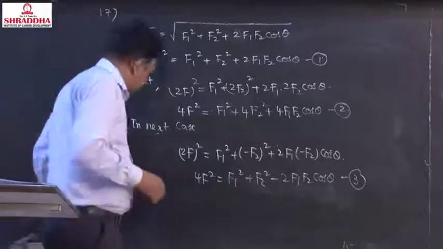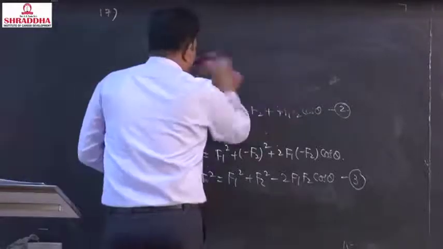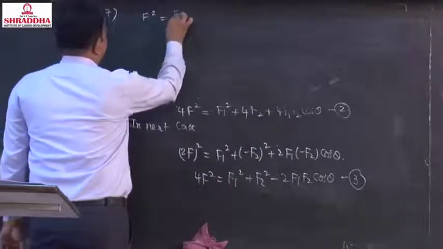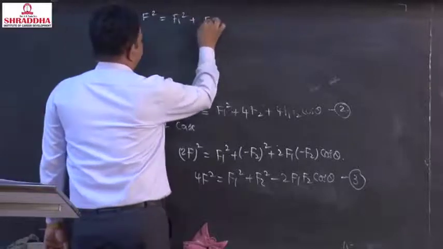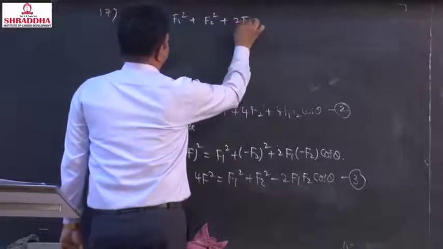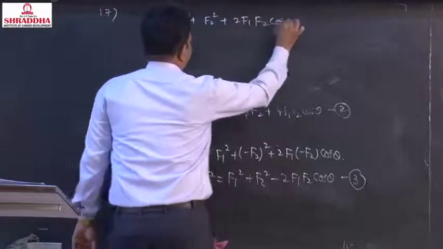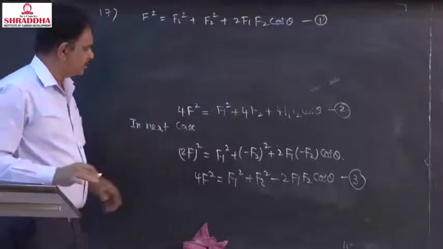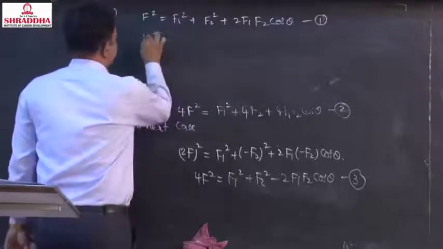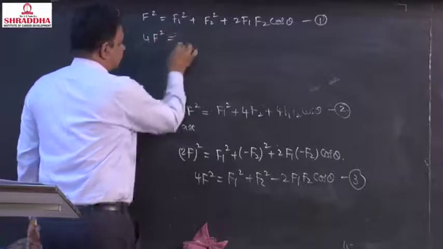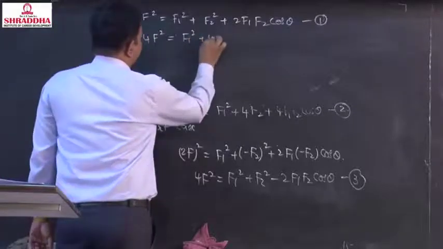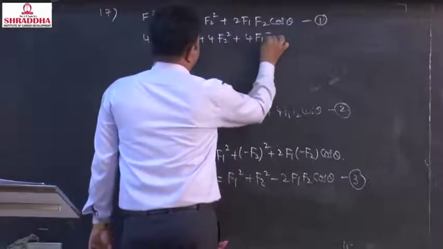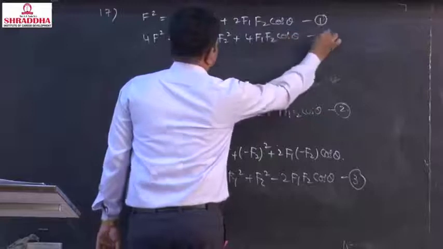Okay. So we'll do one thing. What is the first equation we are writing here? F1 square plus F2 square plus 2F1 F2 cos theta. That is the first equation, for our reference, because we are rubbing these points. 4F square is equal to F1 square plus 4F2 square plus 4F1 F2 cos theta.